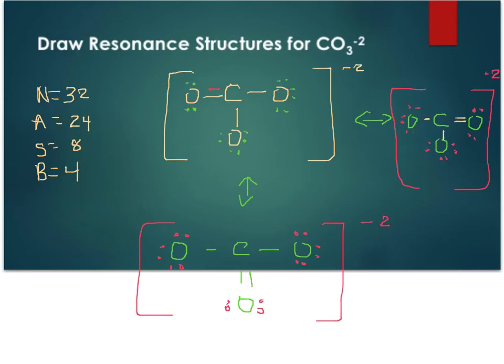Now, when we look at that, how many different bonds do we have here? So we have 3 bonds, right? We have 2 singles and a double. But we have how many different bonds? 2 different types of bonds.